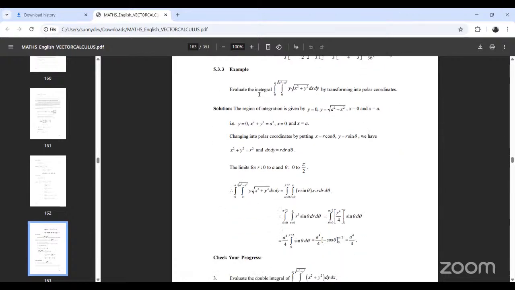Now evaluate the integral using the polar form, using the transformation into polar coordinates. So here x comma y are the variables, and we have to change to r comma theta. So when you change dx dy, we can write r dr d theta.